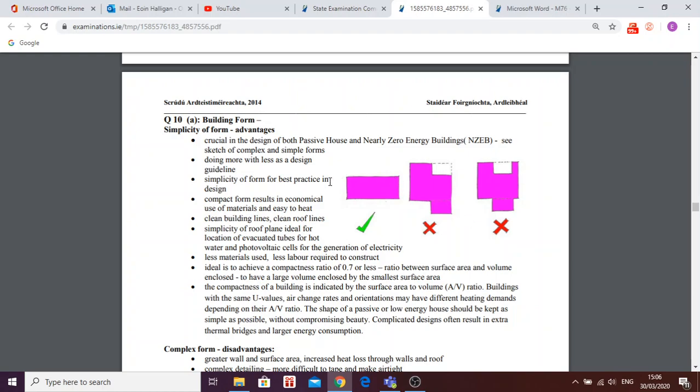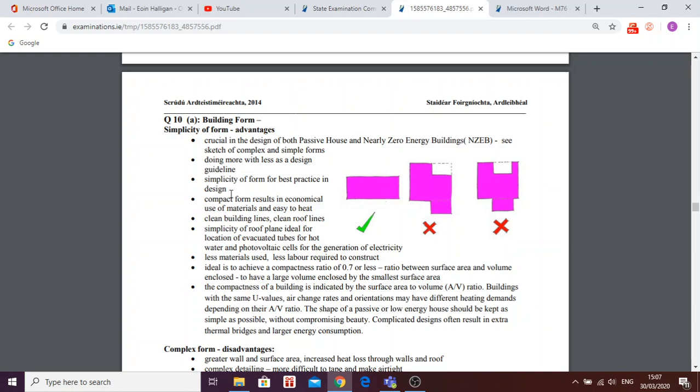So if you look at this diagram here on the left hand side, this is the preferred shape, the preferred outline or footprint. Okay, it's simple, and other than it being a simple practice, it makes other things easier.